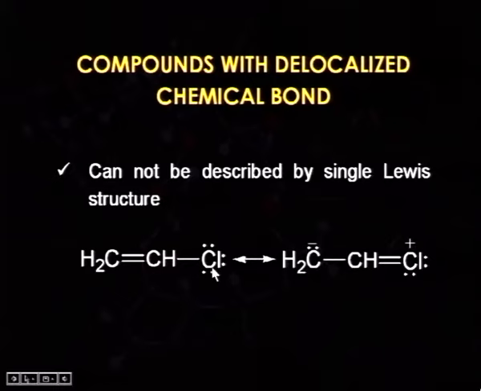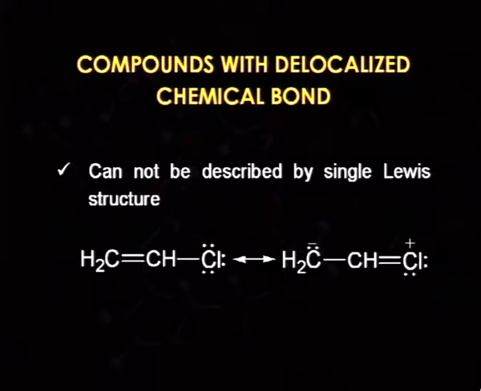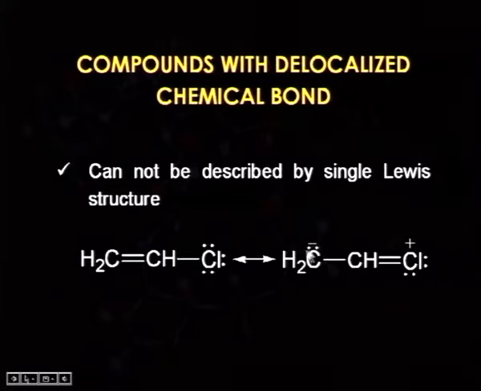We can see the example of vinyl chloride, where this is one Lewis structure and this is another Lewis structure. This structure has a plus charge and a minus charge. So, overall the molecule is the same, it is electrically neutral.